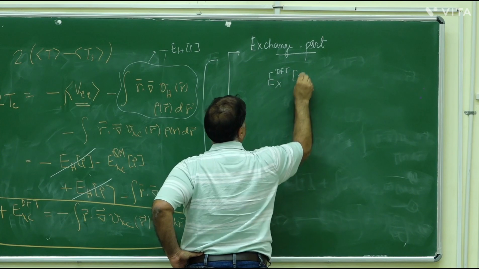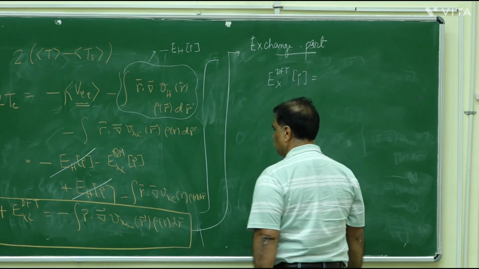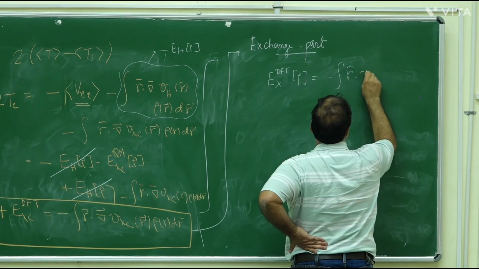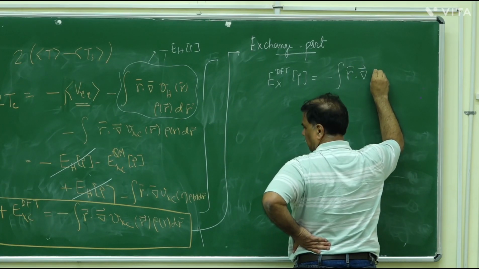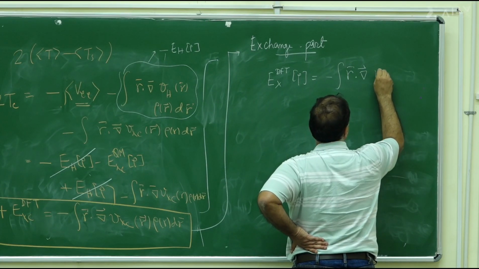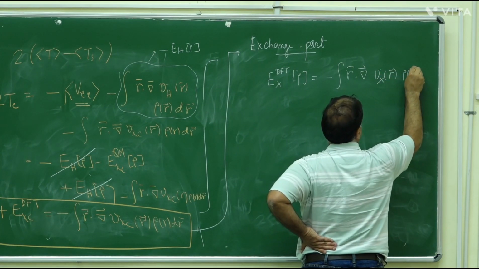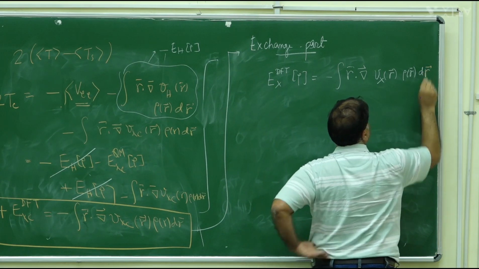DFT rho is equal to minus the integral of r dot del V_x acting on rho(r) here.